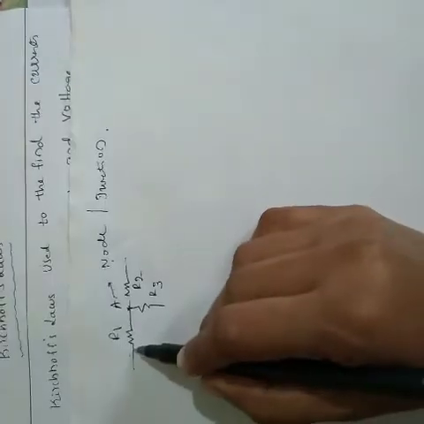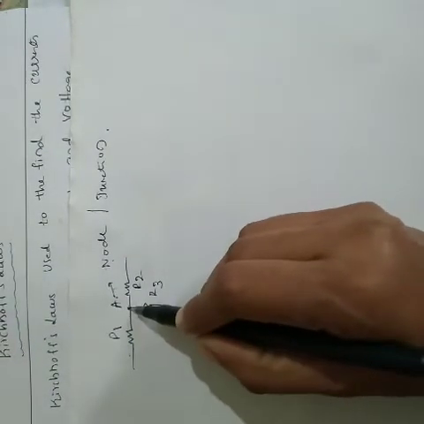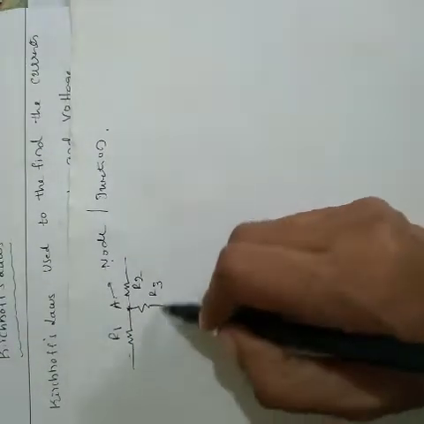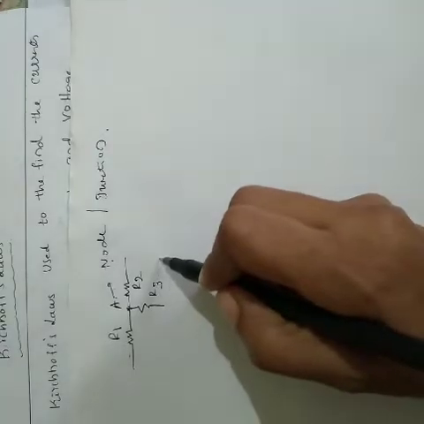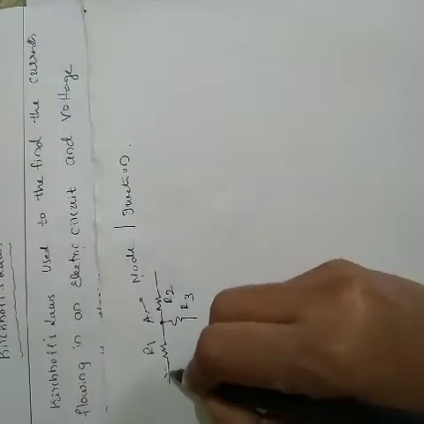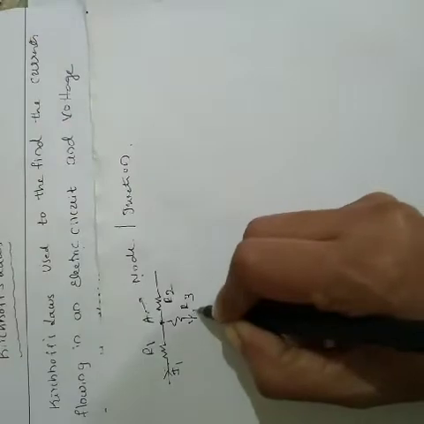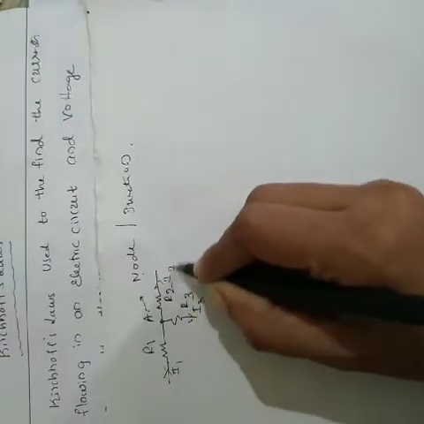The algebraic sum of all currents meeting at a junction point of one electrical network is equal to 0. Here, this is I1, this is I3, this is I2.